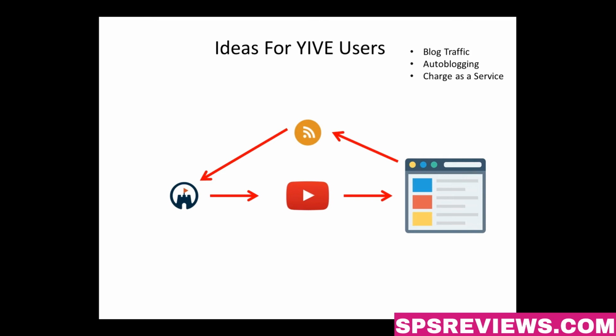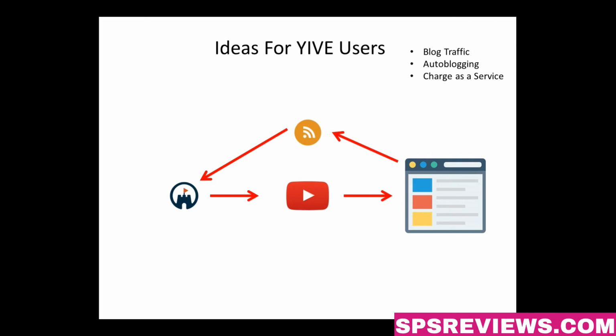What Flippa people usually do is they either buy sites that already have traffic or sites that already have rankings. If you are getting both traffic and rankings from YouTube, I don't care how big the site is or how old the site is, people will buy it. And if you can spend $100 creating a site and flip it for $500 in a month or two, that's easy money, and YIVE can help you get there with that.